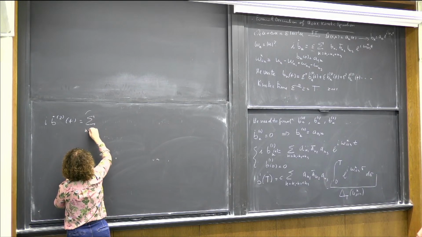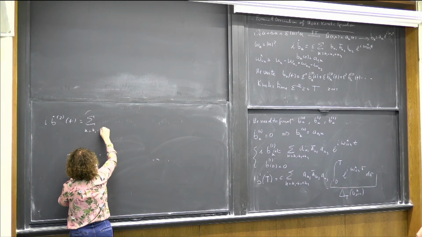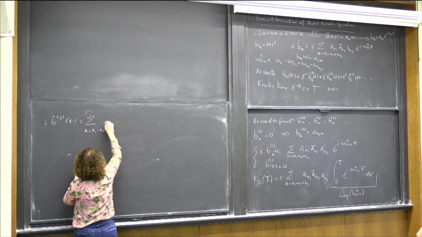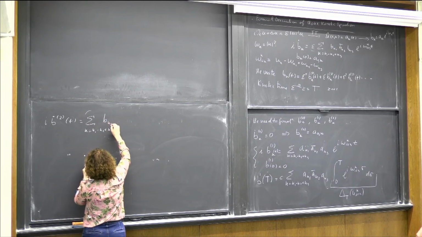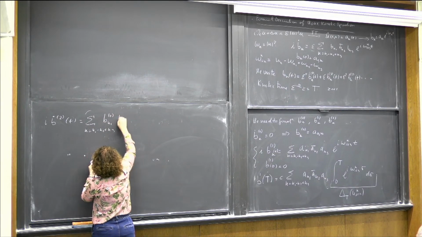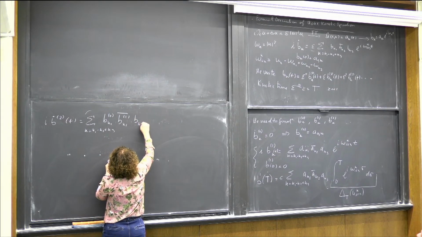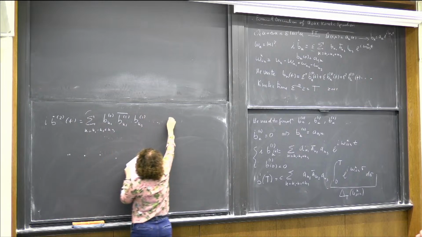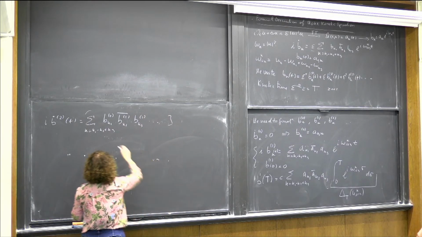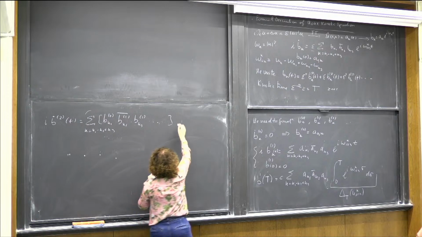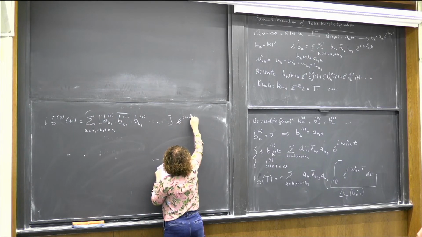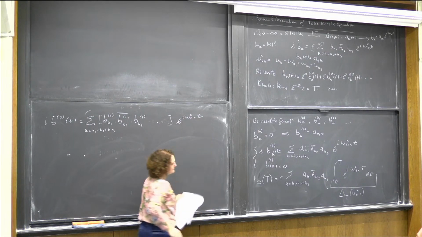And you will see that there are now k1 minus k2 plus k3. And you see a bunch of combinations. And you see it's getting harder and harder. So 0, bk2, 1, bk3, 1, and a bunch of other things. But you can write them up. And of course, e to the I omega k 1, 2, 3 t.